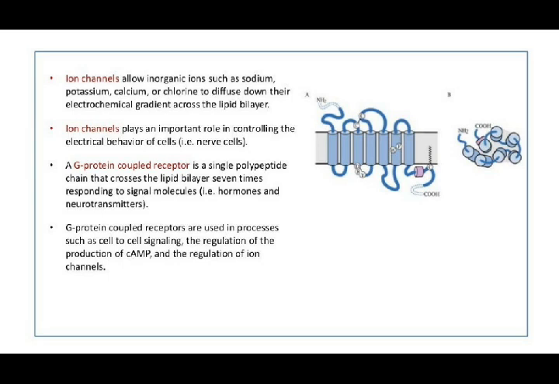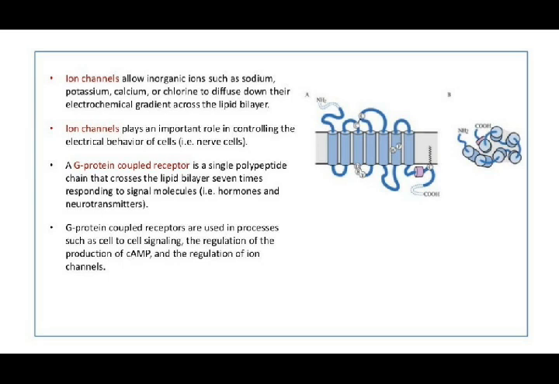Ion channel. It is formed by integral protein. It allows inorganic ions such as sodium, potassium, calcium, and chloride to diffuse down their electrochemical gradient across the lipid bilayer. Ion channels play an important role in controlling the electrical behavior of cells, such as nerve cells.